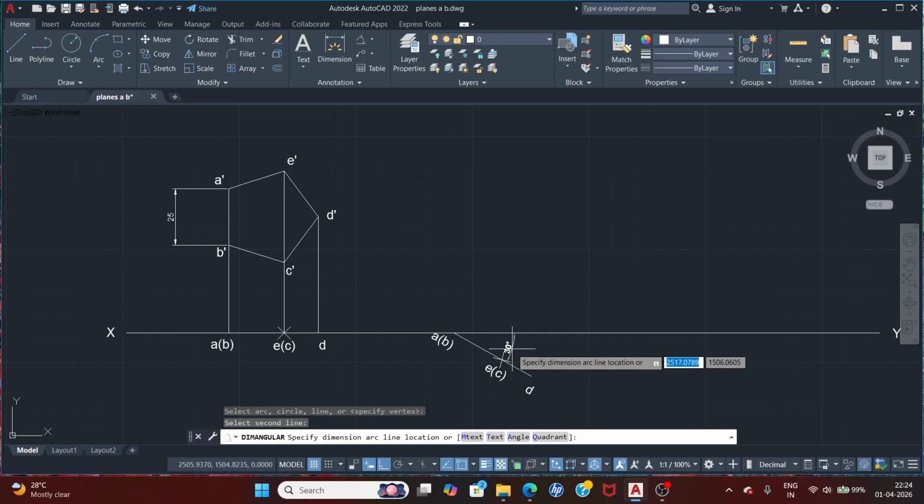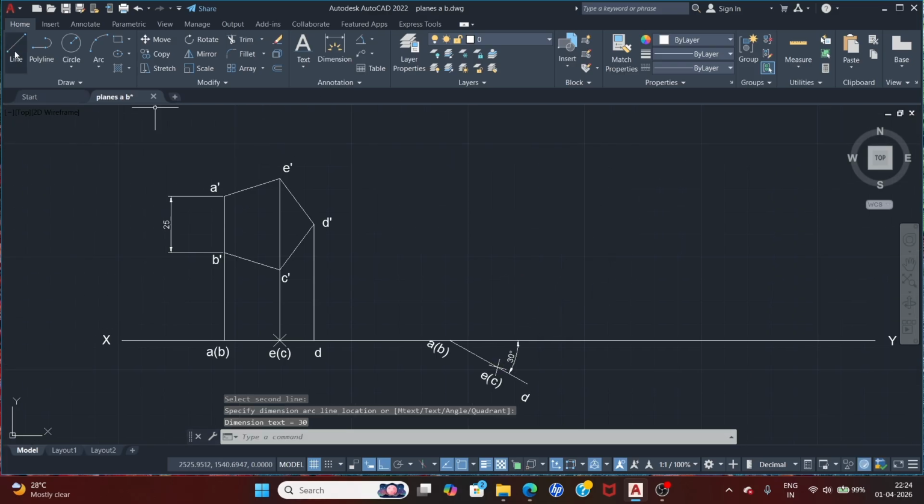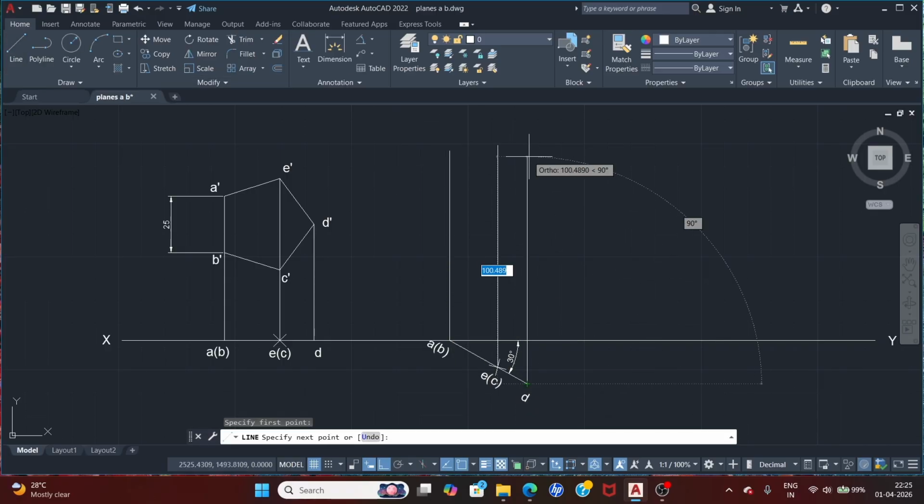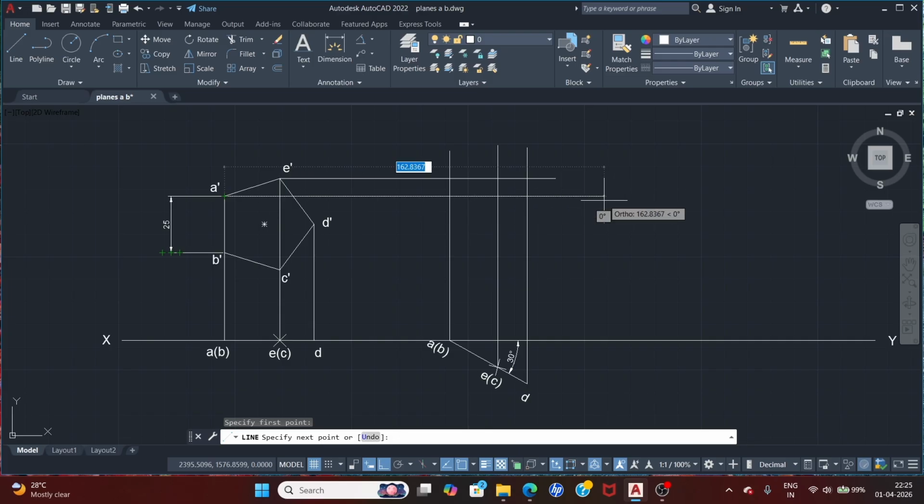Once verify whether it is 30 degrees or not. So 30 degrees is there. Next draw the projections with respect to these five corner points which are on the inclined line. Like this, you will get projection lines with respect to these five points. Then draw the projection lines to the right side with respect to these five points.